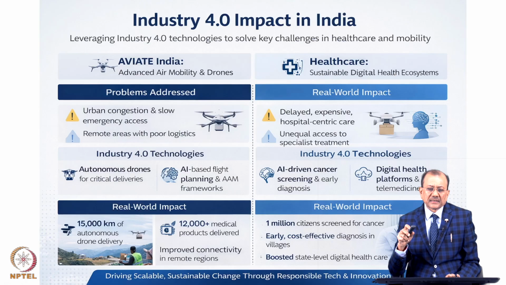There is another very important project called Aviate, that is Advanced Air Mobility and Drones. This is a big initiative by our Government of India in a partnership mode. We call it the PPP model, where different kinds of drones are being designed, developed and manufactured at commercial level in our country.